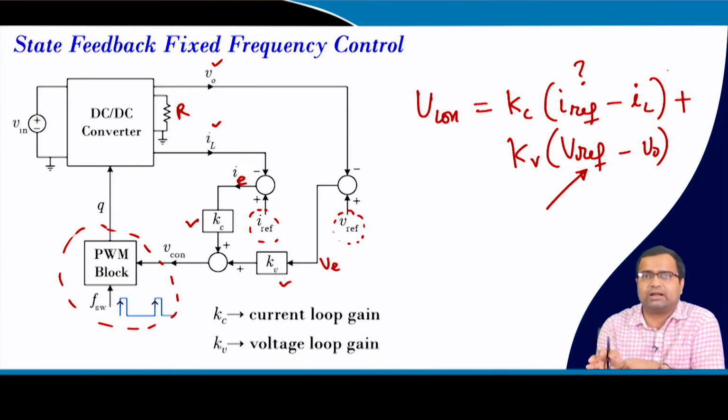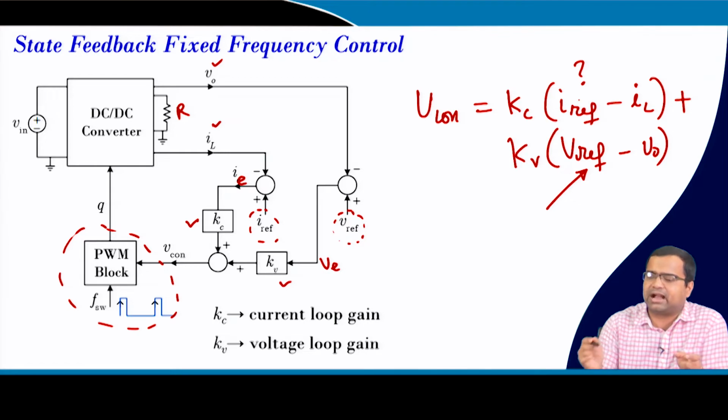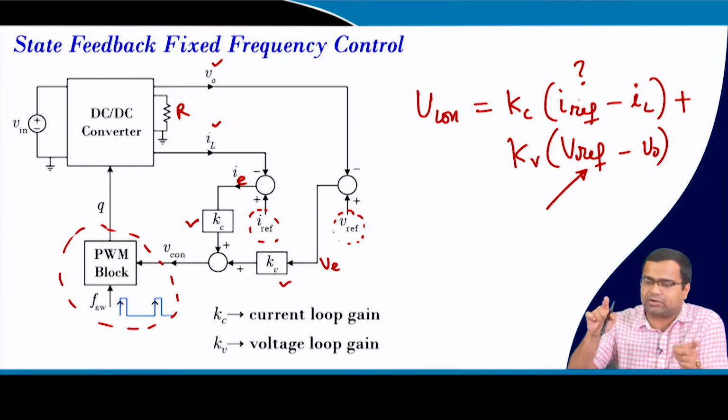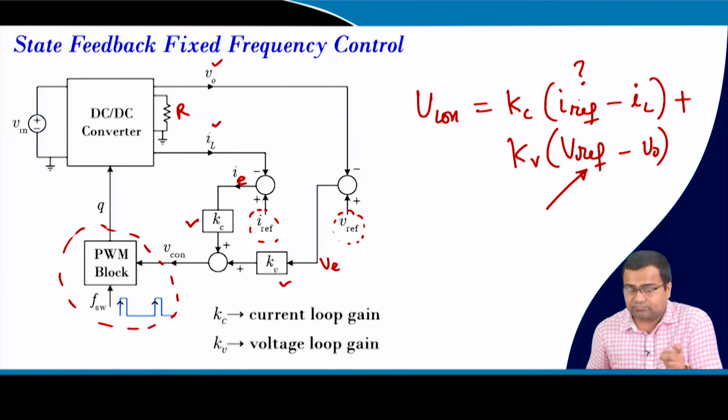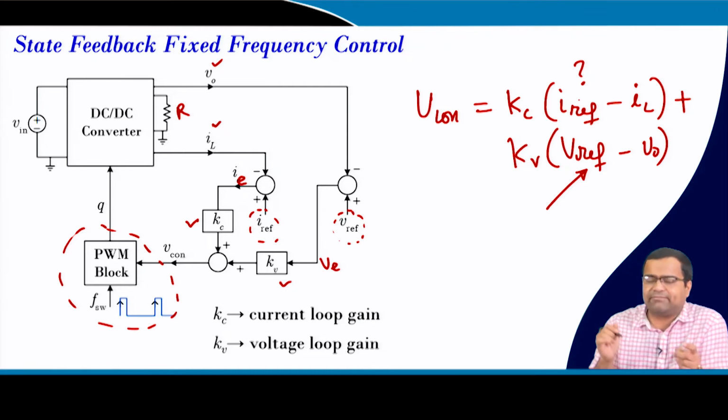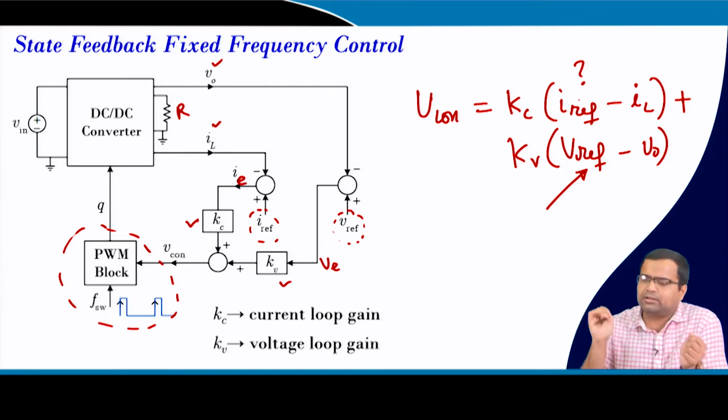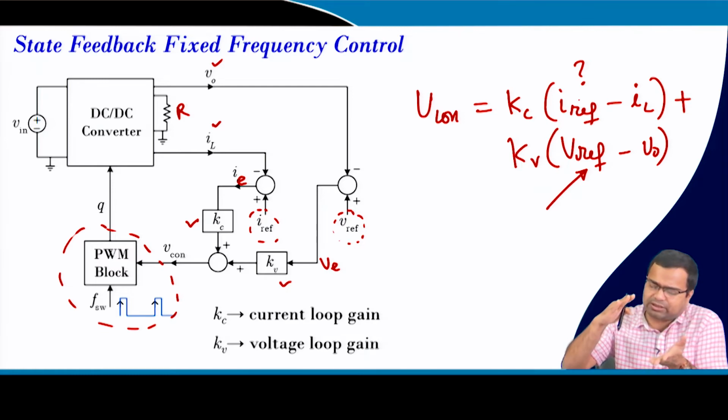So, I am not going into that, but sometimes this structure can be used where Iref is available, because in case of LED driving, Iref is nothing but the nominal current of the LED string, and Vref can be used as the nominal voltage across the LED string.